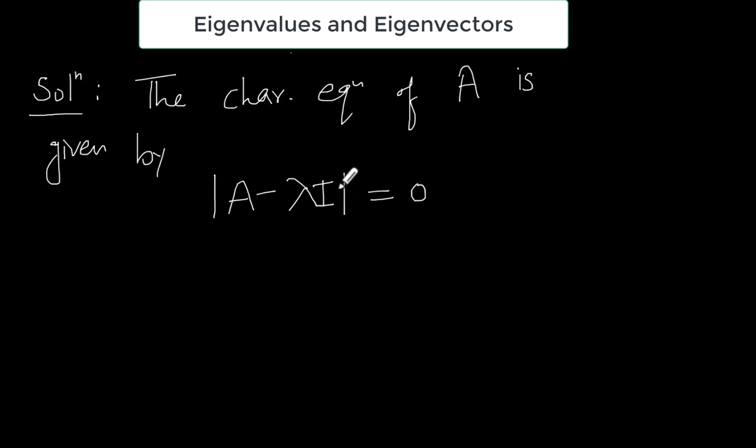So if you see the matrix A minus lambda I, I is the identity matrix. To obtain this matrix, just write minus lambda in the main diagonal of the matrix A. So this will be 4 minus lambda, 0, 1, 3 minus lambda.